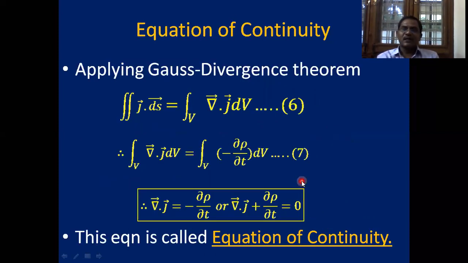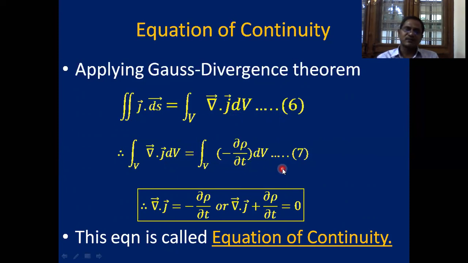Then applying the Gauss divergence theorem, the surface integral of j bar dot dS bar equals the volume integral of the divergence of j bar dV, that is del bar dot j bar dV, say equation 6. Then from equations 5 and 6 you can write the volume integral of del bar dot j bar dV equal to the volume integral of minus dou rho by dou t dV.